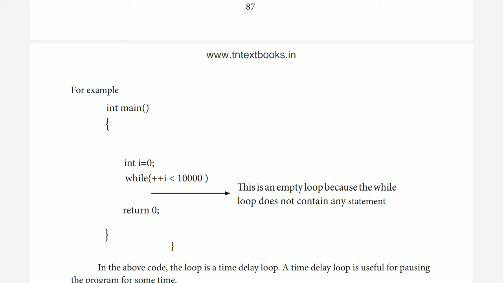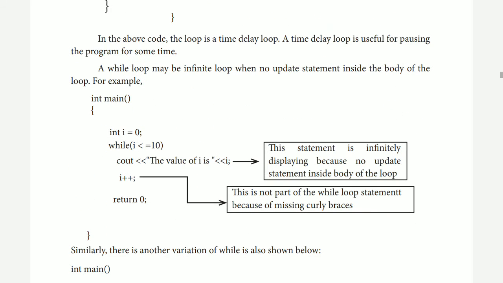Okay, so it will run up to 1000 times since ++i is given in the condition. So the last value will be considered, and it will keep on executing until the value of i has become 999. So this is one variation.